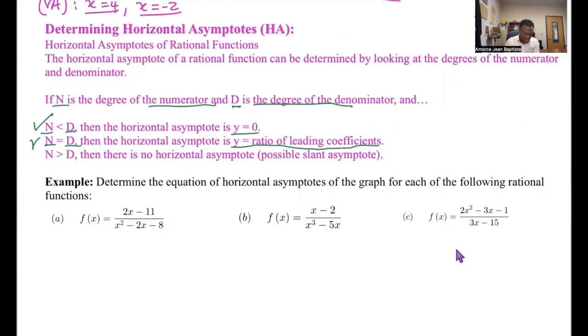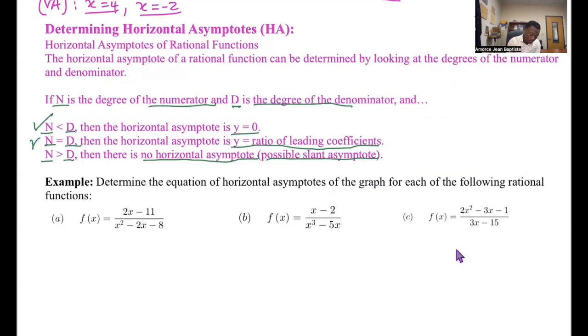And last, if the degree in the numerator is greater than the degree in the denominator, you have a possibility of a slant asymptote, but you do not have a horizontal asymptote. Now, what do we get here? Do we get a degree that is greater in the numerator or less? It's less.